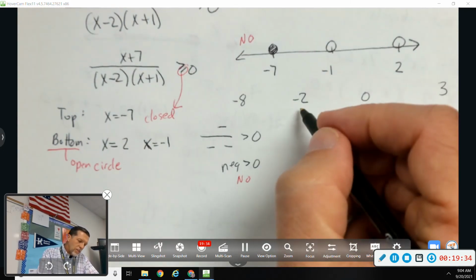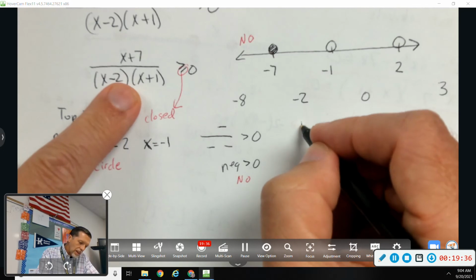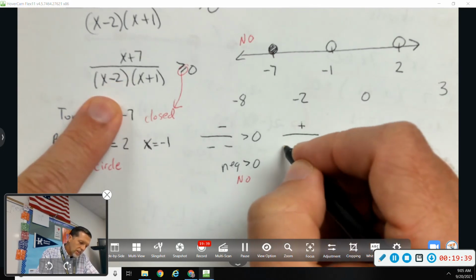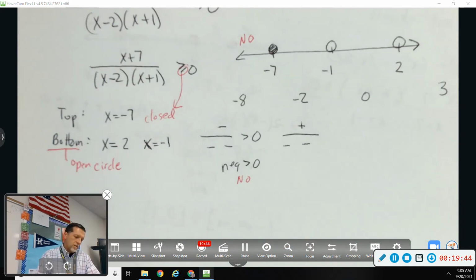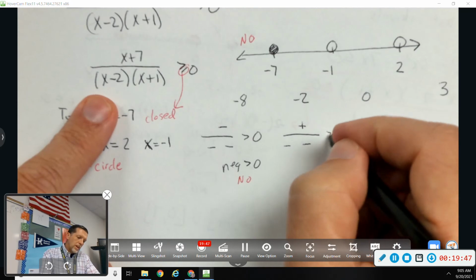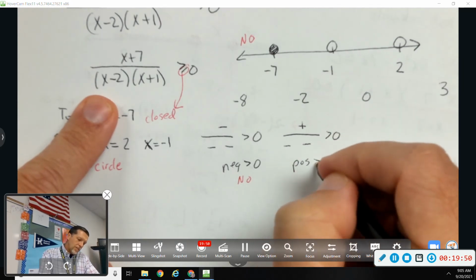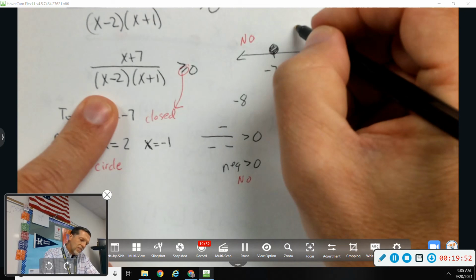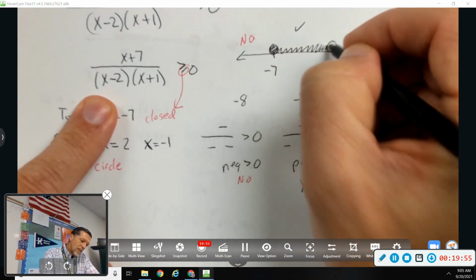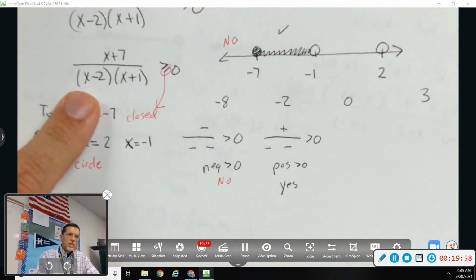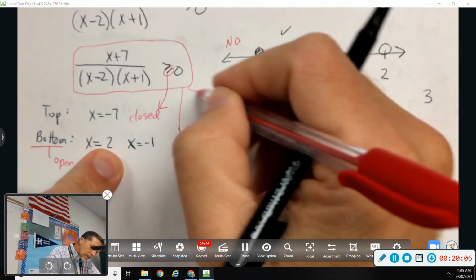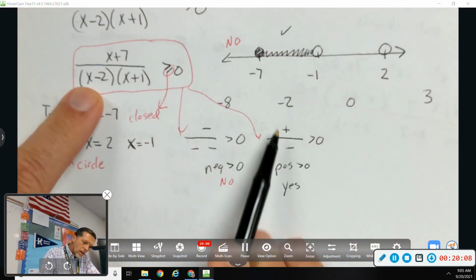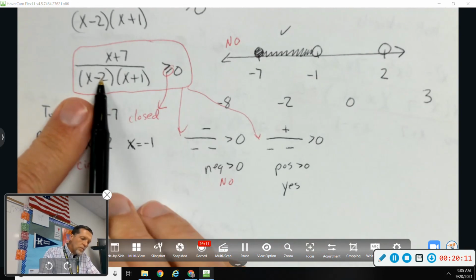If I plug in negative 2, let's see, I get a positive over negative negative. So that would be positive greater than 0. That's a yes. I'm plugging into negative 2 minus 2.